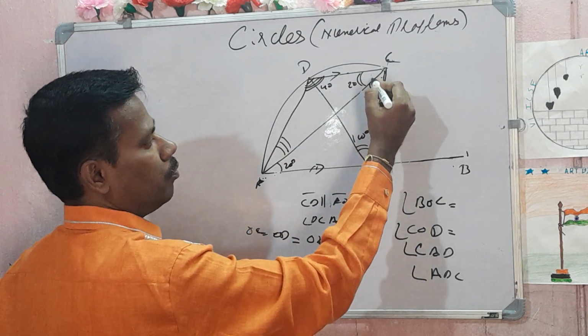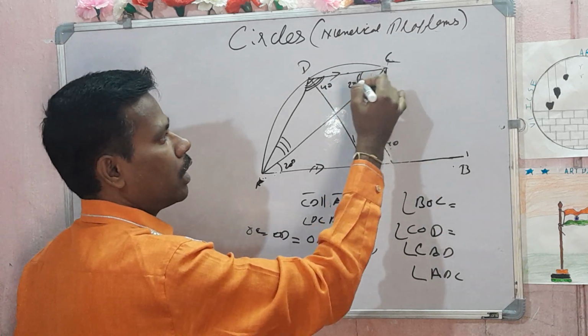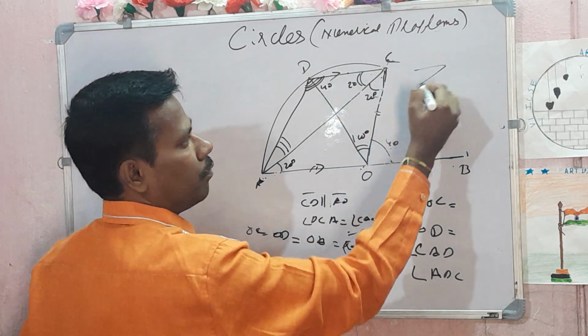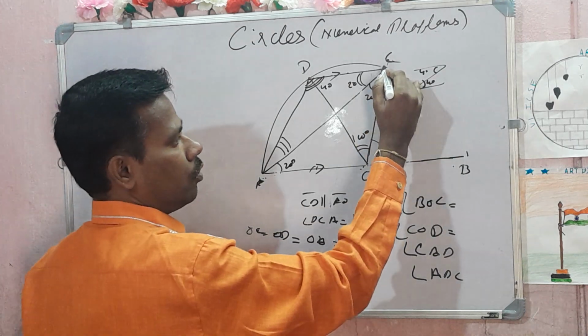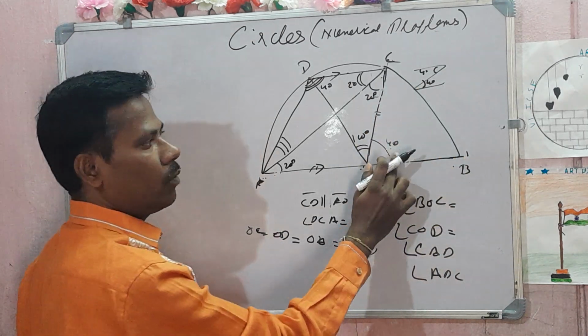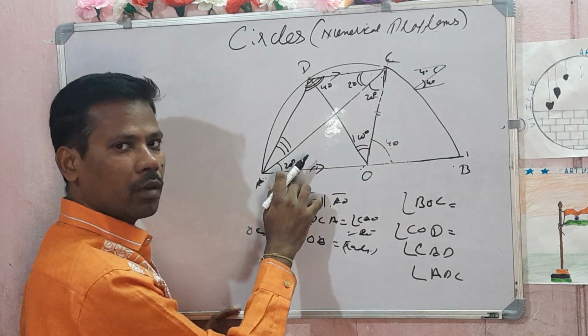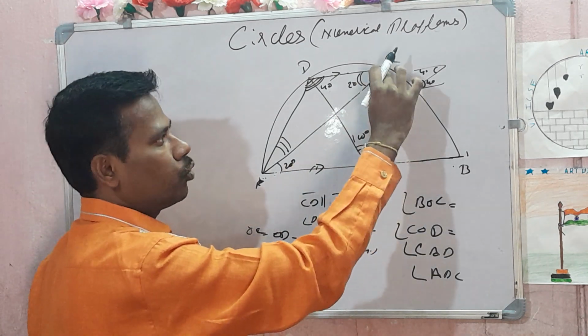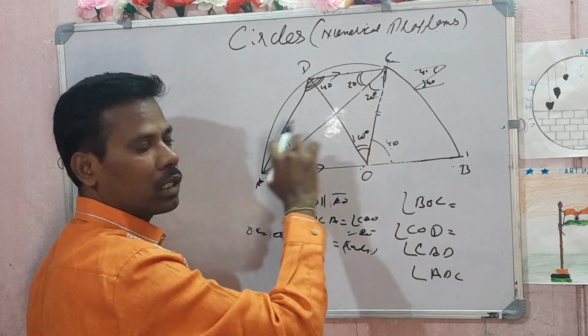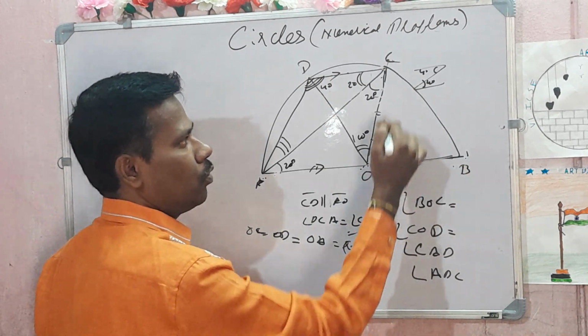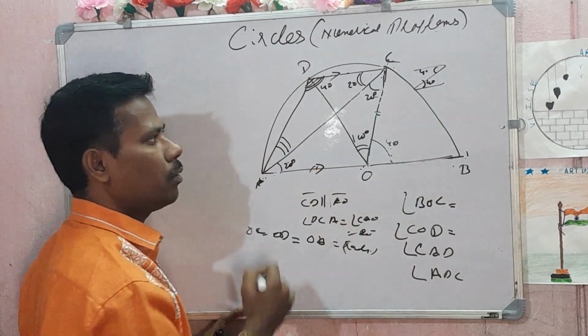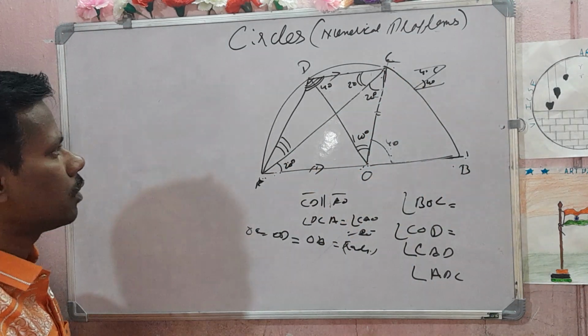Or else you can prove that by alternate angle. If this is 40, this is 40, Z shape. If this is 40, this angle is 40. Or else you can go for this one. Angle formed at the center of circle is double the angle formed at any point. This is the center of circle. So angle BOC is double the angle formed at any point on the remaining part of the circle.